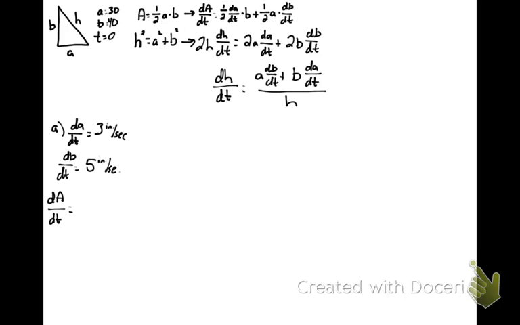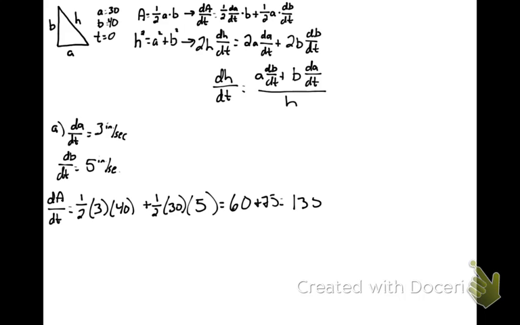So using our formula, the rate of change of the area must be equal to 1/2 times dA dt, which we're told is 3, times the length of B, which is 40, plus 1/2 times A, which is 30, times dB dt, which is 5, which is 60 plus 75, or a total of 135 square inches per second. That's the rate of change of the area at that moment in time.